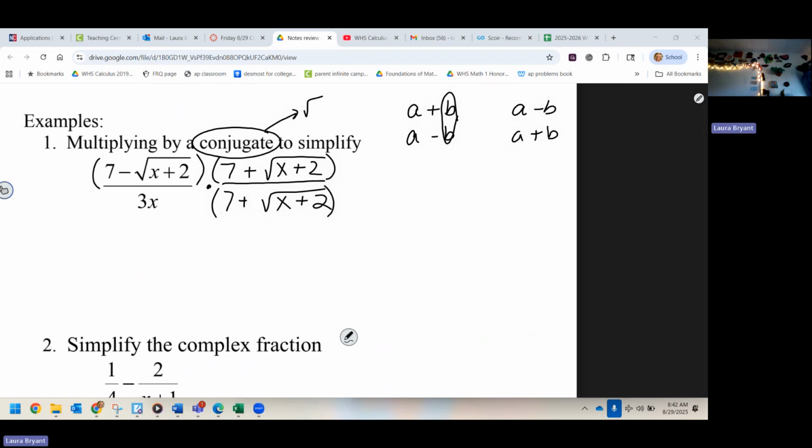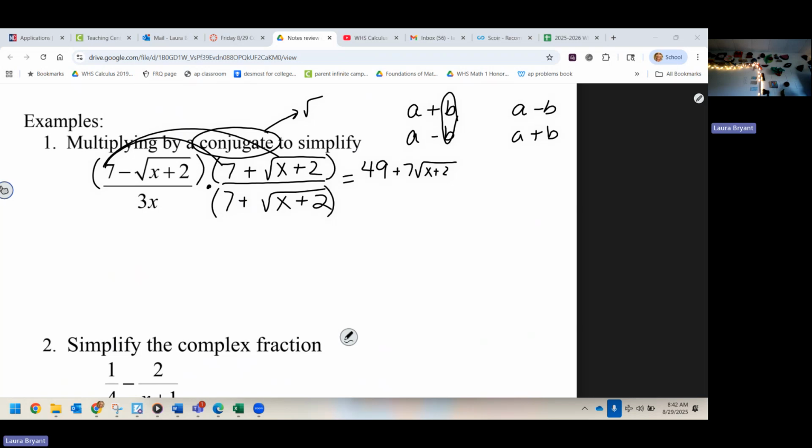Okay, so now I'm going to multiply. On the top, I have to FOIL. So I've got two things here and two things here. The plus sign and the minus sign here in the middle breaks it apart into two pieces. So I do 7 times 7 first, which gives me 49. Okay, and then I'll write this next step really, really small. When I do 7 times radical, I get plus 7 radical x plus 2.